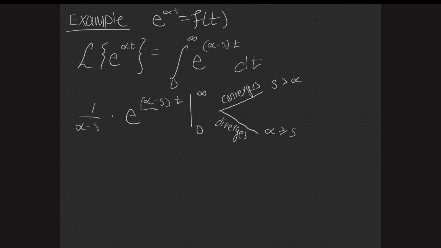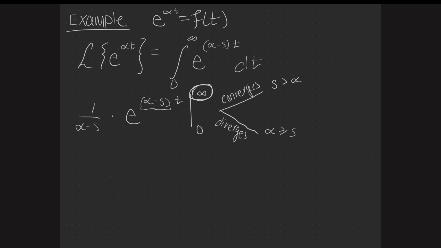That's just because of this right here. When we have infinity, if s is greater than alpha, then e to the alpha minus s times t will go towards 0 as it approaches infinity. Though if alpha is greater than or equal to s, then this is just going to diverge. So let's just take the case where s is greater than alpha.